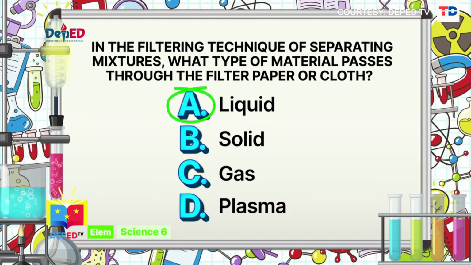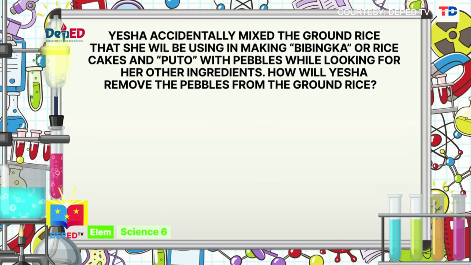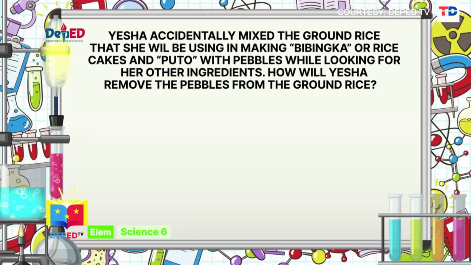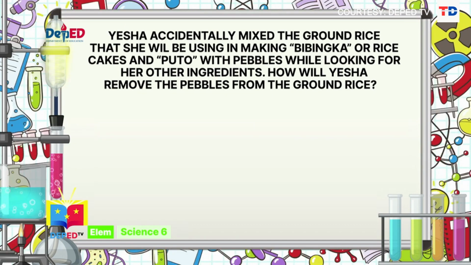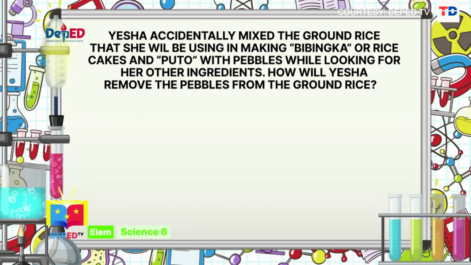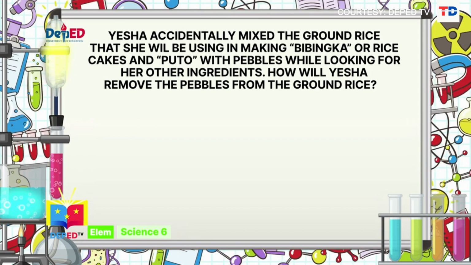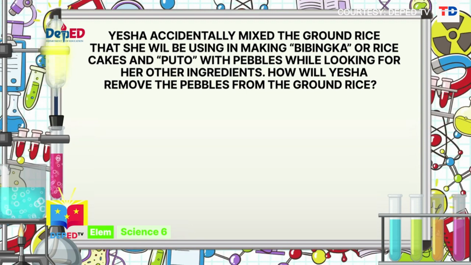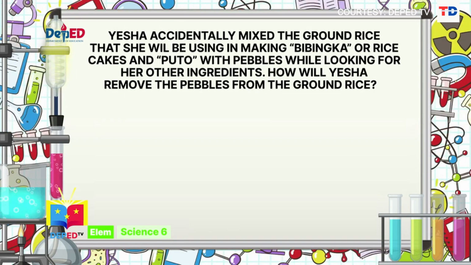Liquid. Number 4. Yesha accidentally mixed the ground rice that she will be using in making bibingka or rice cakes and puto with the pebbles while looking for her other ingredients. How will Yesha remove the pebbles from the ground rice?